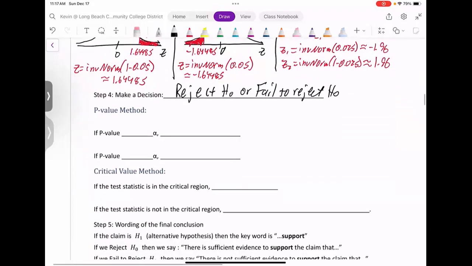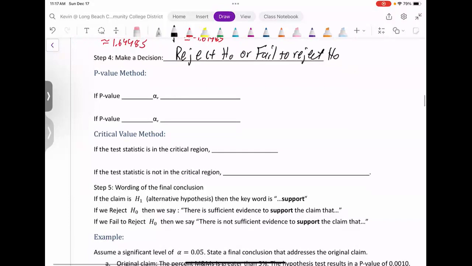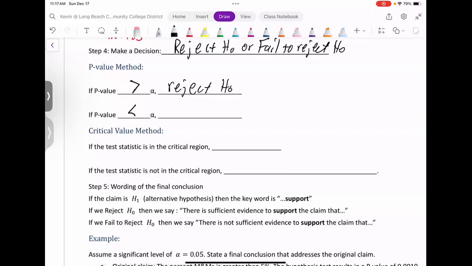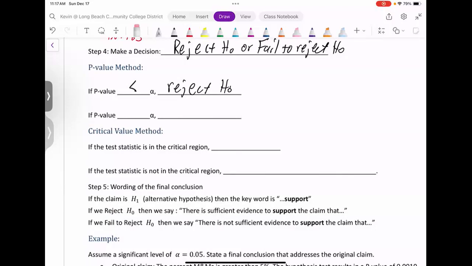All right. If we use the p-value method, if the p-value is less than the alpha, then we're going to reject the null hypothesis. Sorry about that, I had that backwards. If the p-value is bigger than the alpha, then we're going to fail to reject the null hypothesis.